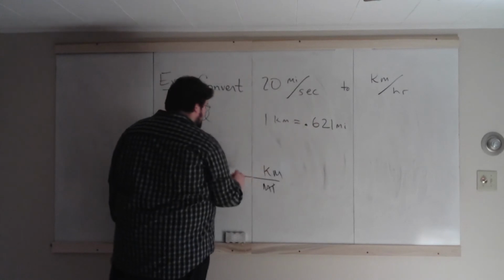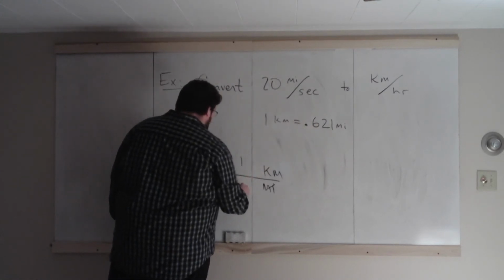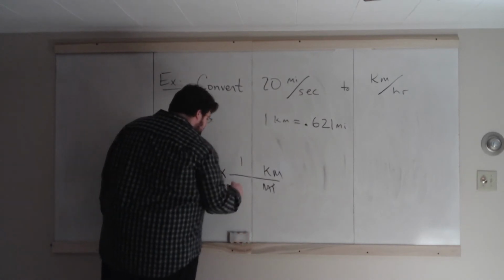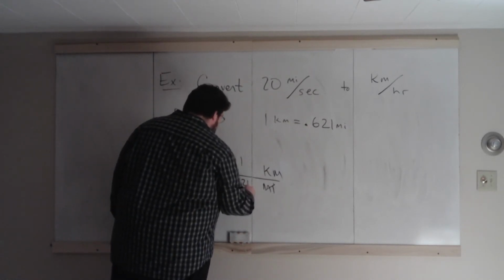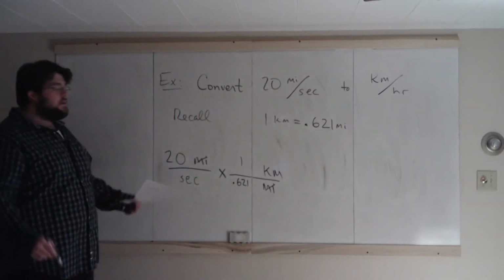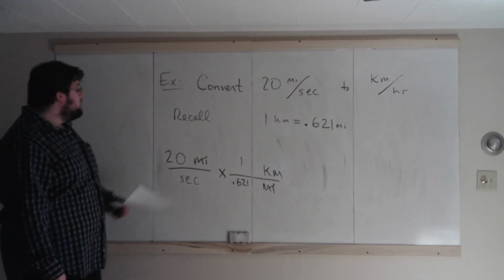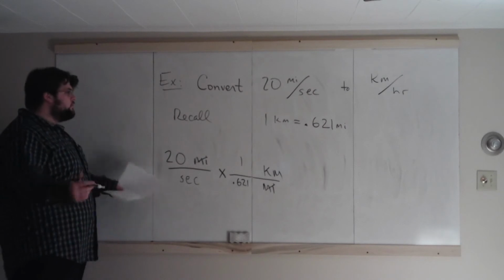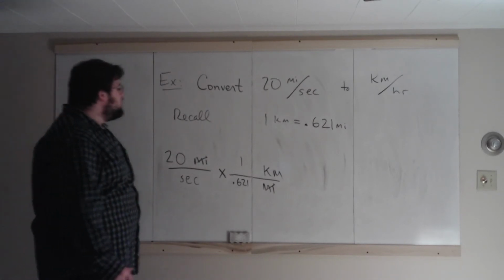We fill it in with our conversion factor, 1 and 0.621. So right here, the miles have gone away, and we're left with kilometers. Well, that's great. That's half of what we need.